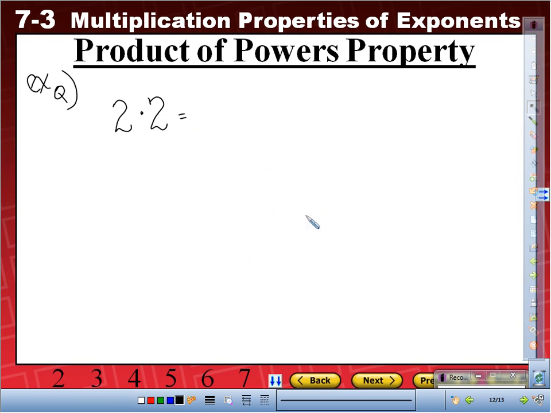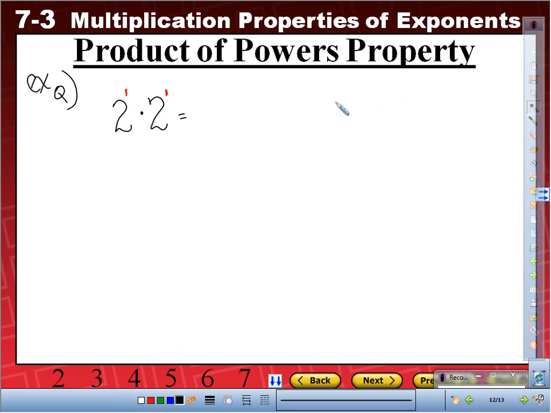Okay, pens down. Eyes up here. Writing utensils down. Here it goes. It says, product of powers property. The first thing we know is that 2 can be written which way? 2 to the first, and this one is 2 to the first.